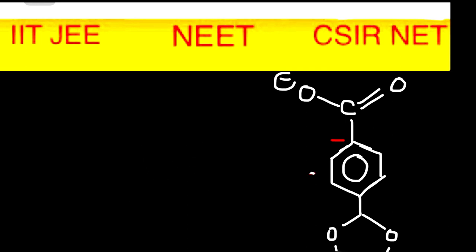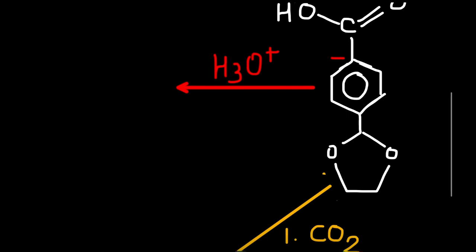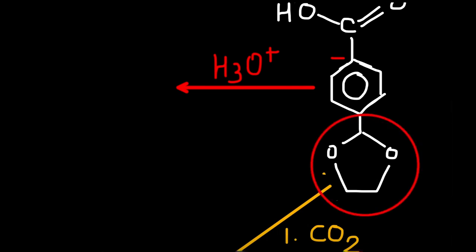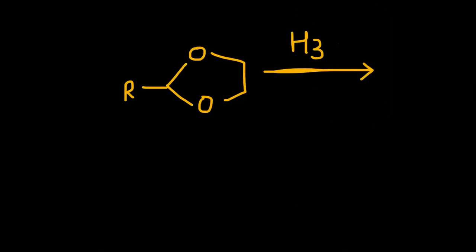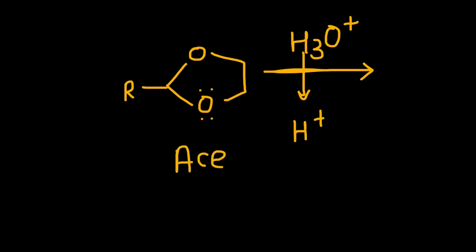Hydrolysis will happen. This oxygen will be protonated. The carboxylate ion converts into carboxylic acid, and in the acidic hydrolysis here this acetal group also hydrolyzes. How? See. Now during the hydrolysis H plus is available. This is called acetal.